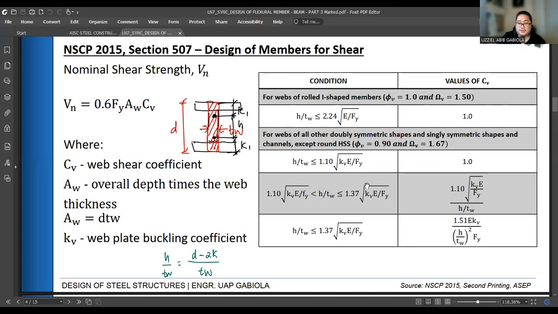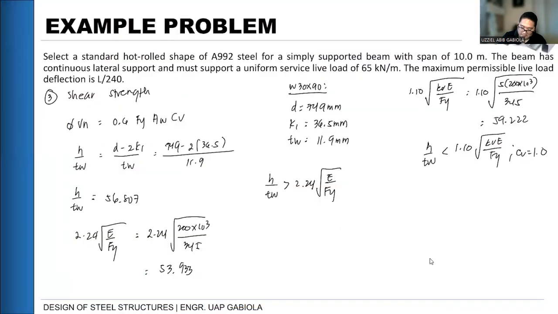Ayan, yung first condition natin. So, pwede na natin continue. Cv natin is 1.0. So, calculate natin yung value ng phi. Since nandun na tayo sa second one, ang magiging value ng phi natin is 0.9.